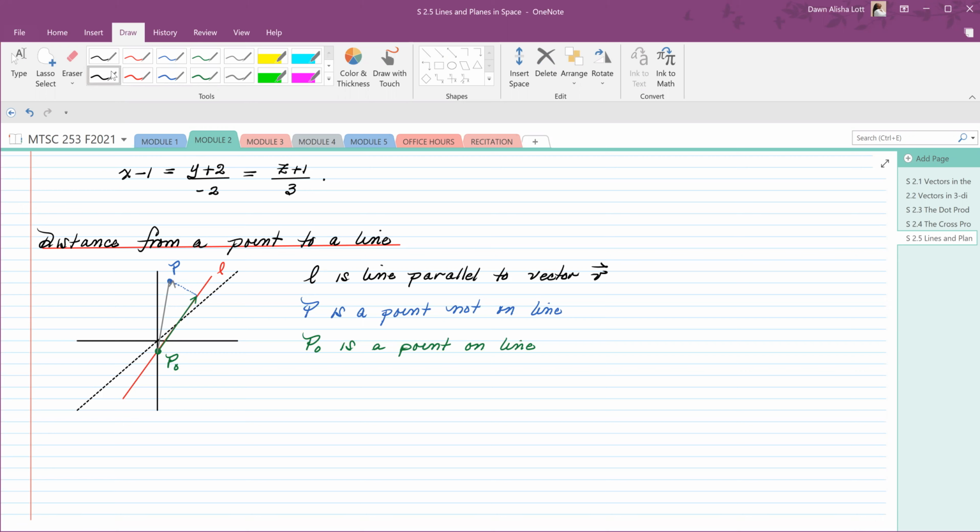All right, so the distance from P to L, now we have a formula that says the distance from P to L is the length of P naught P times the sine of theta. Here's theta.